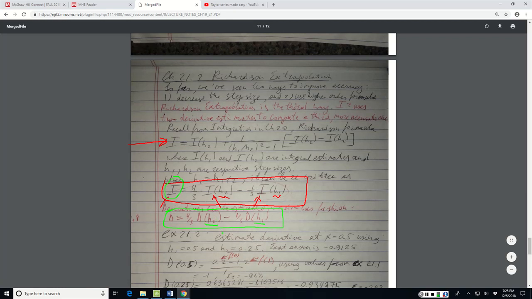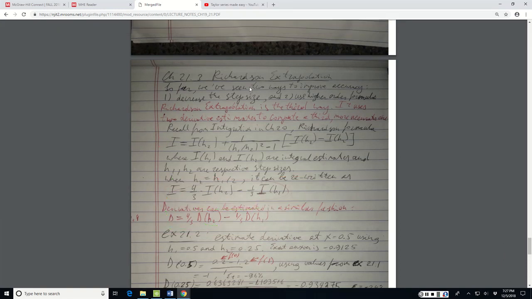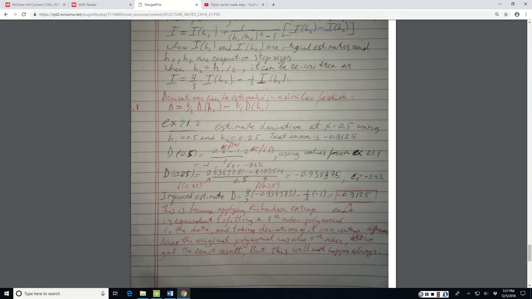You combine them into this formula, and you get an improved d, which is going to be a higher order of accuracy than the 2 individual derivatives that you used. So there was an example 21.2 where they kind of prove that to you.